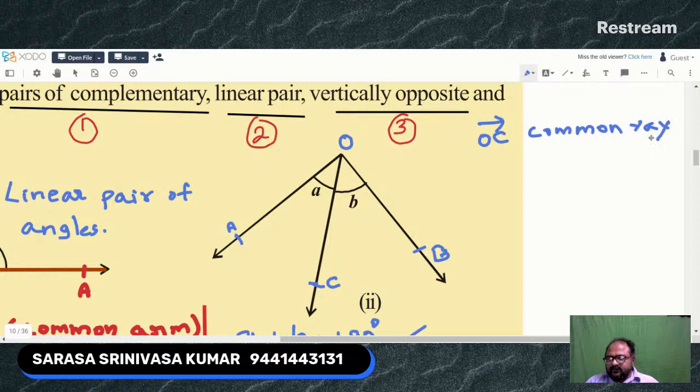You can also note it as common arm. And O is the common vertex.